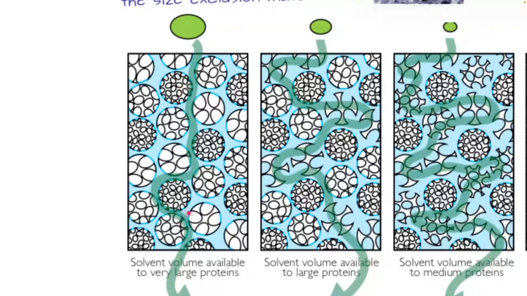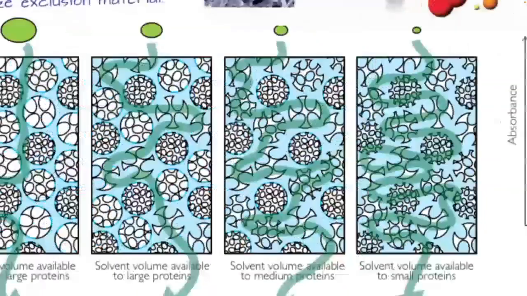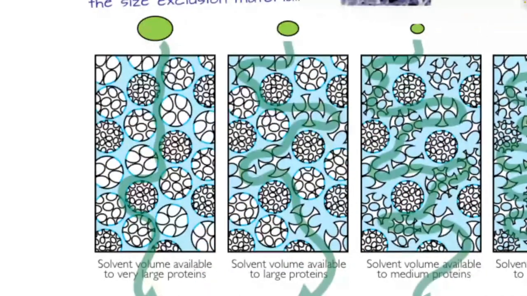If you are a small molecule, you can fit in the big pores and the small pores. So what you see is a volume equal to almost the entire space, because you can fit everywhere. If you are a big molecule, you can't fit into any pores. The only volume that's available to you is the volume between the beads. You see a much smaller volume.